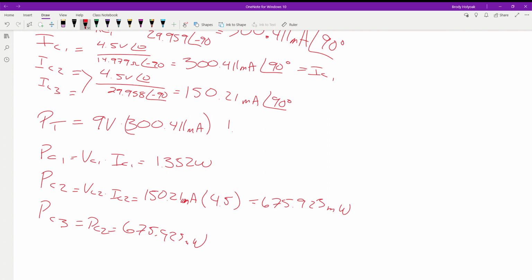Maybe I wrote it down. That's the power for capacitor 1. Never mind. This would be 4.5 volts times the 300 milliamps. It's 2.7.